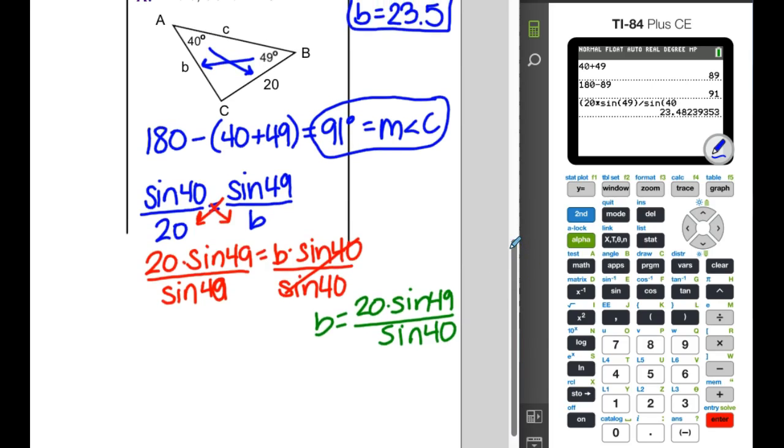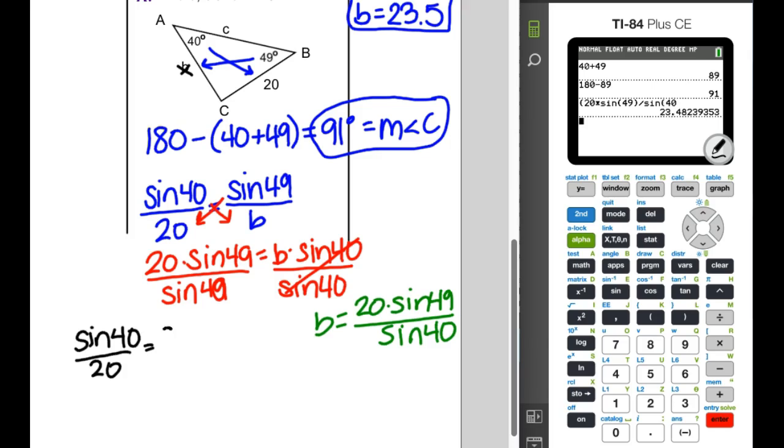Now we have to go back and repeat this process. The key here is to remember you don't want to use B for one of our values to set up the proportion simply because we found that. And just like we've talked about previously, if you use something you found and it's wrong, you're kind of screwed. You can use the 91 though because that is exact. 23.5 is also rounded. So once again, I'm going to use the sine of 40 over 20 because that was given to us.